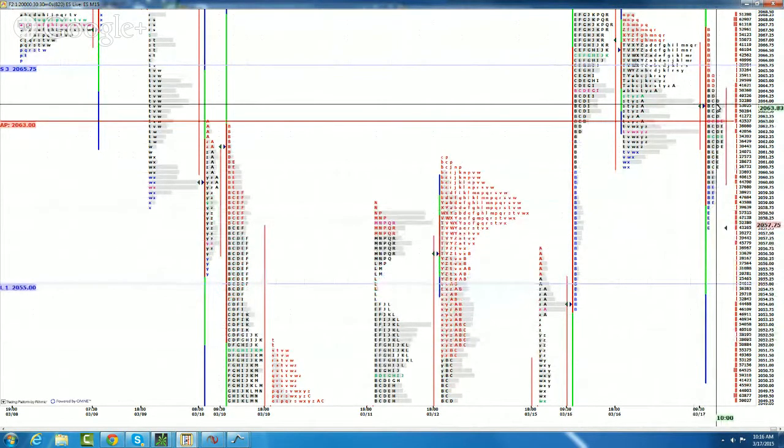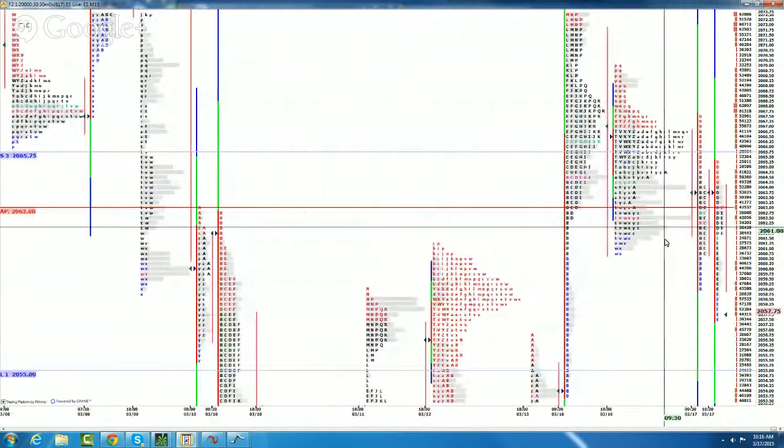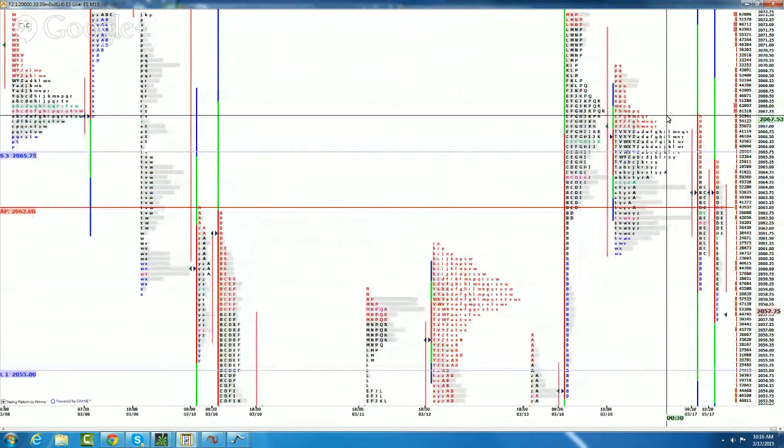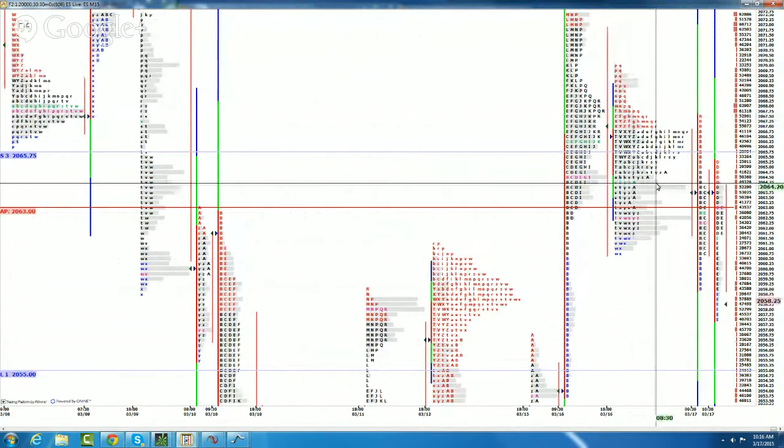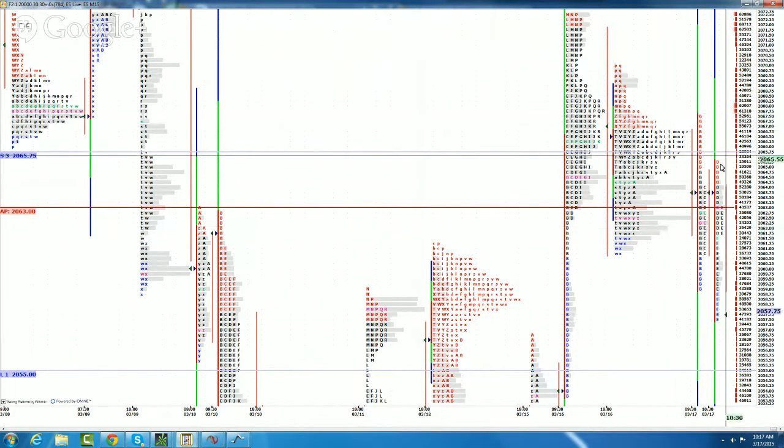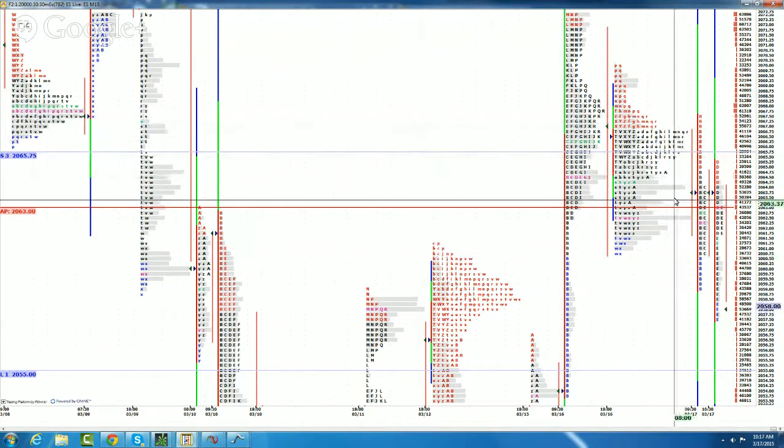While we're talking about it, let's put the IB range up. Here's the IB range: the high of bracket B and the low of bracket B. It's usually the high and low of bracket B and C, but C was contained in B, so C didn't make any movement higher or lower. The first hour range is the IB range.